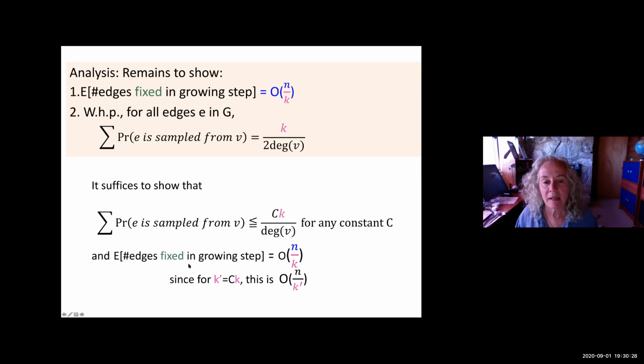And I just want to point out, it suffices to show that the sum of the probabilities for an edge being sampled is O of this quantity here, because then you still get the result of O of n over k prime for this new k. So it suffices just to show this for O of this amount.